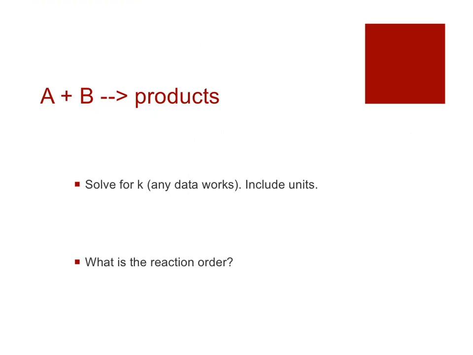All right, solve for K. Any data set works. So my rate law again, rate equals K, we said A squared B to the first. That's my rate law. So we can take any of those and plug in the data to solve for k. So first trial works just as good as any others.